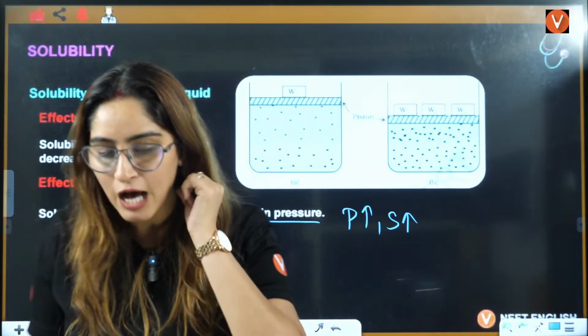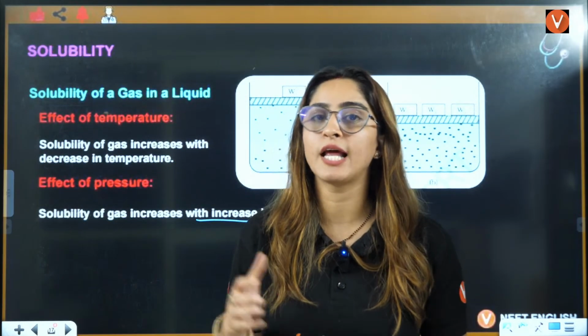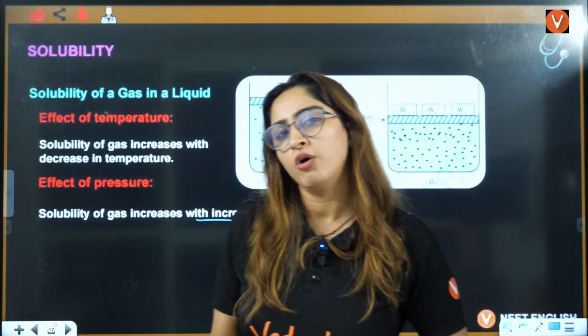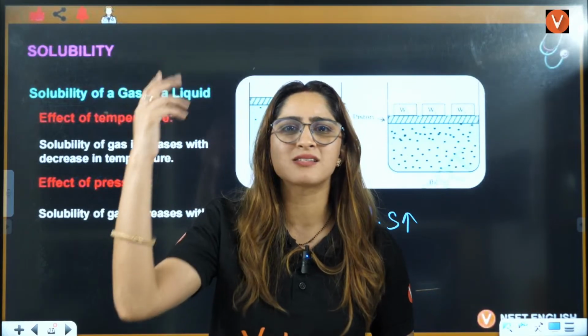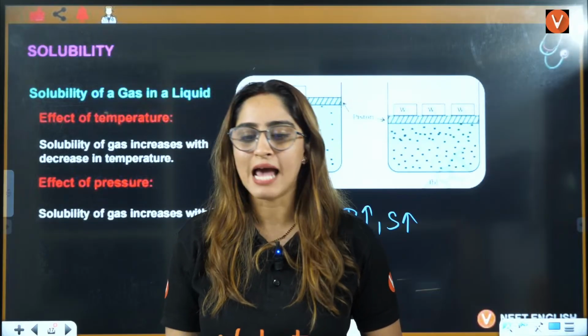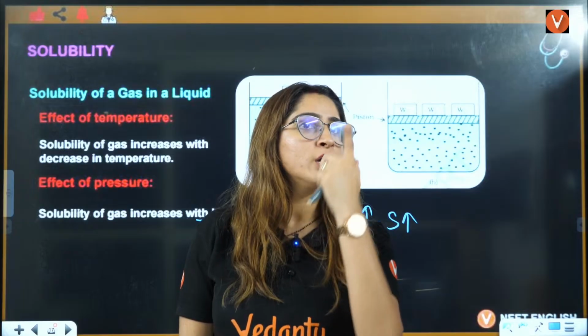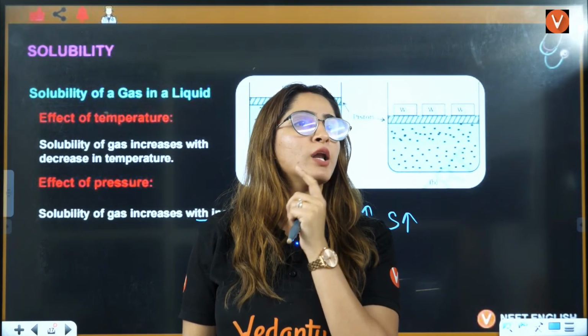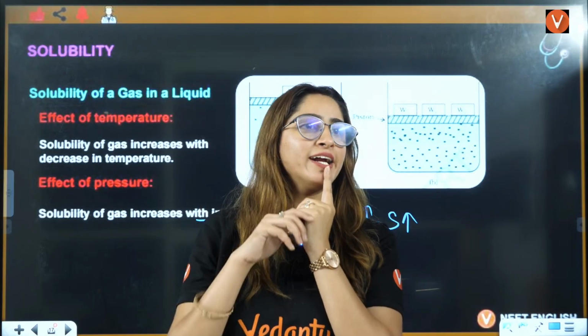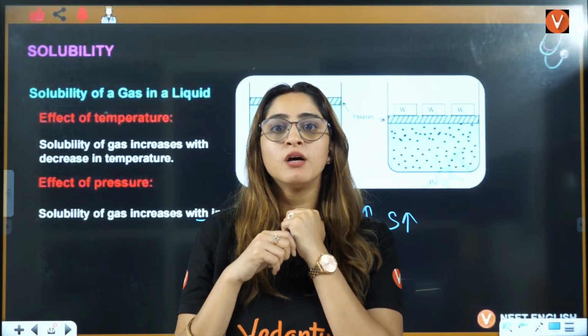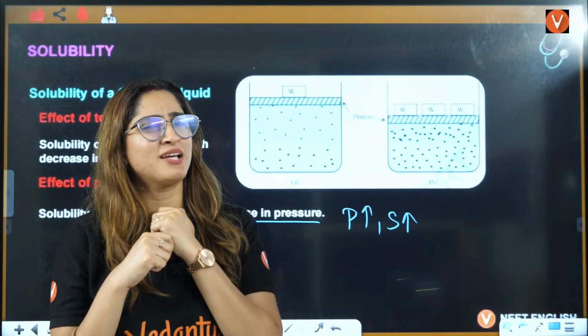Okay. Now, temperature. Tell me one thing. Some guests are coming to your home, right? Mom says, okay, do one thing. You have Coca-Cola in the fridge. Heat it and give it to the guests. Like, mom, are you serious?